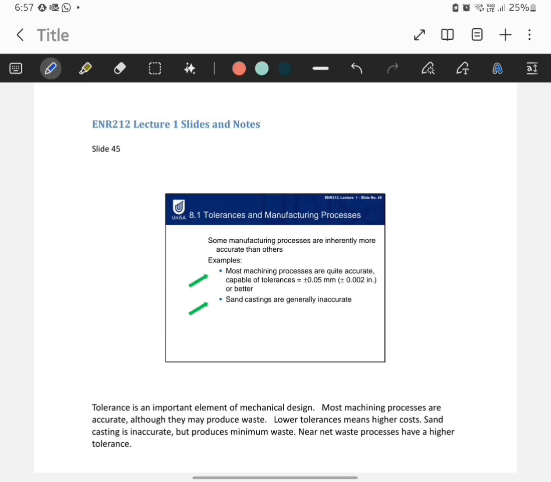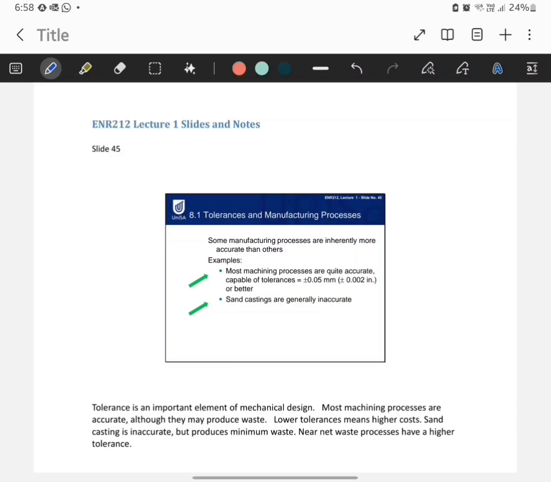Manufacturing processes tend to be very accurate, often achieving a tolerance of plus or minus 0.05 millimeter. However, achieving this precision can increase cost, and the tools that we use must be very accurate and expensive. As we know, expensive tool equals very accurate tool.